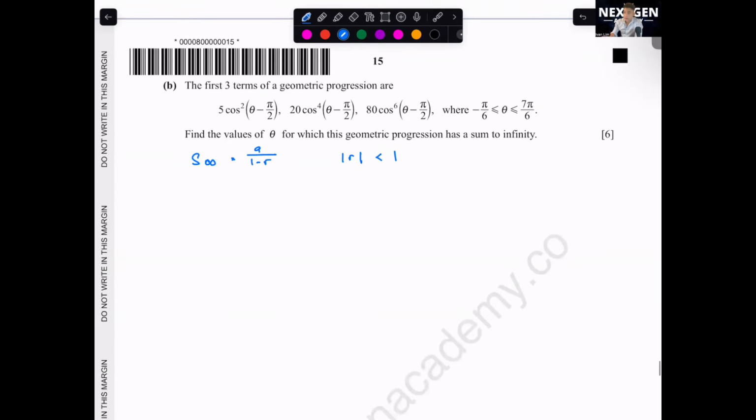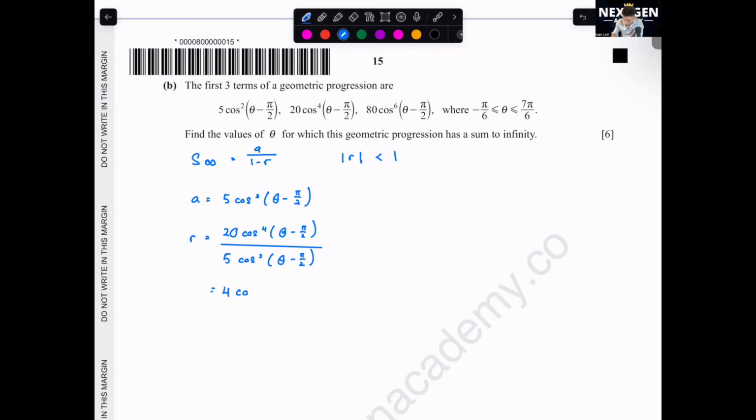Okay, what do we need to do first? We need A and we need R. A is 5 cos square theta minus pi over 2. For R, you use your second term divided by your first term: 20 cos 4 theta minus pi over 2 over 5 cos square theta minus pi over 2.